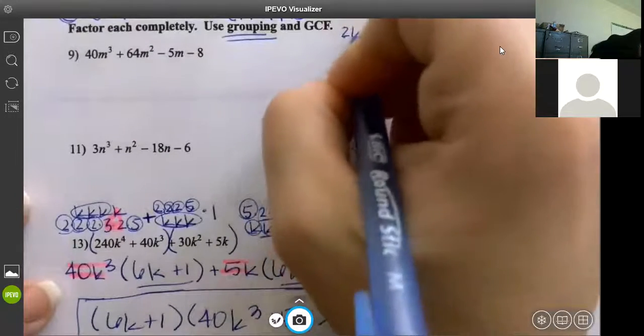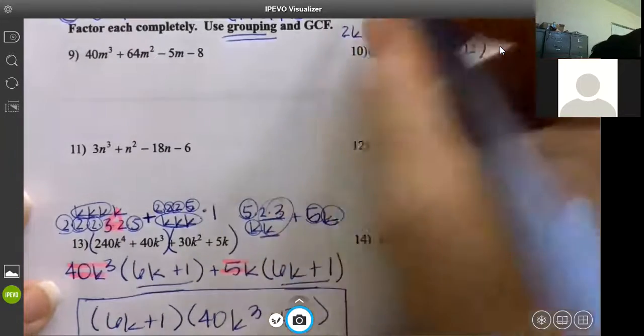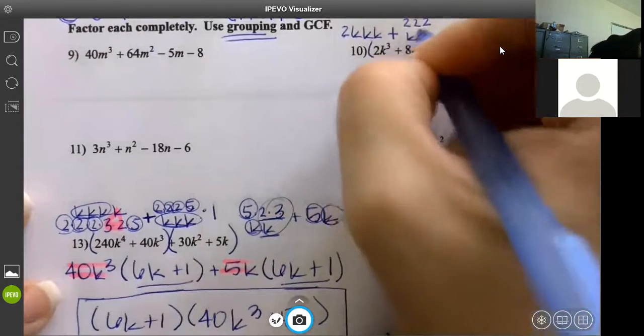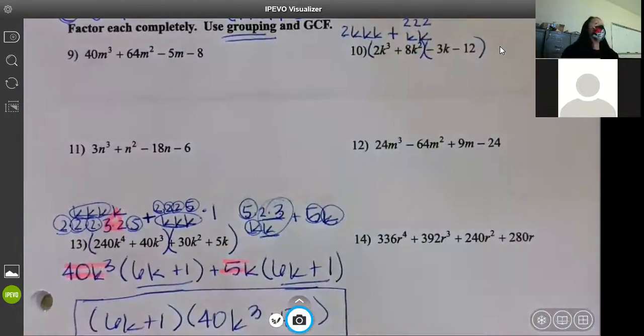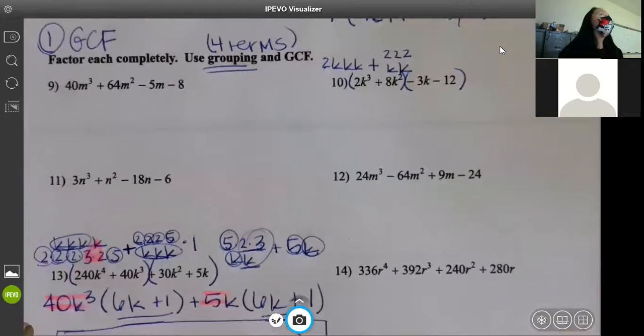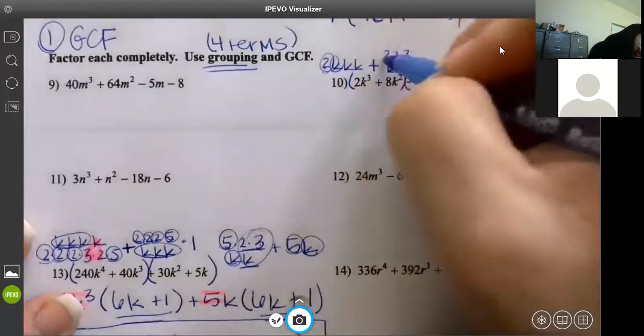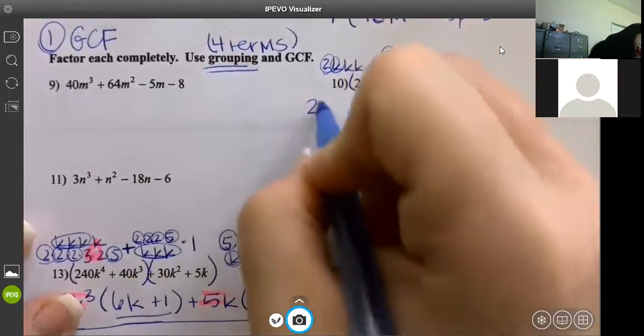2k cubed is 2 and 3k's. We have 8, which is 3 2's and 2k's. What do they have in common? Anybody, what do they have in common? A 2 and a k. So that's going to come out.